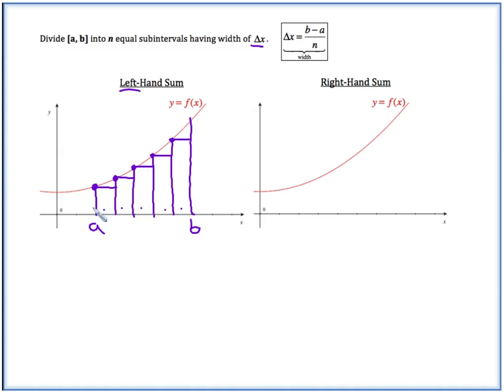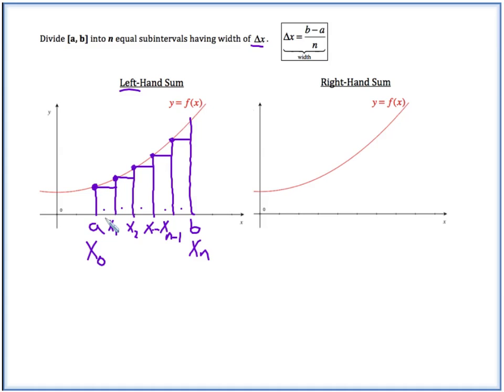Well, what we do is we let this first x value be x sub 0. Then we would let the next one be x sub 1, and then x sub 2, okay, so on and so forth, all the way to x sub n minus 1, and then this would be x sub n. Okay, so next we have to think about finding the area of just one of these rectangles.